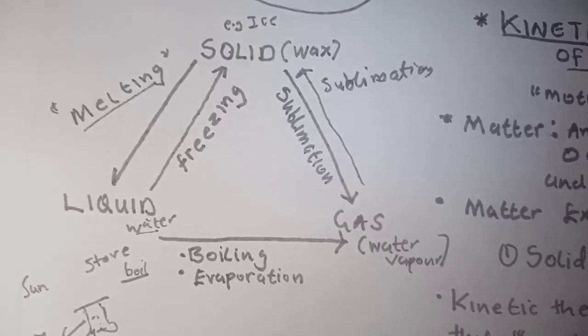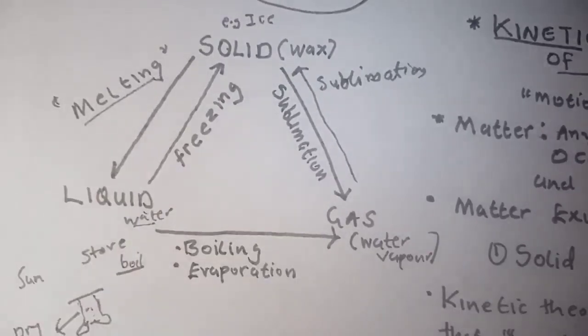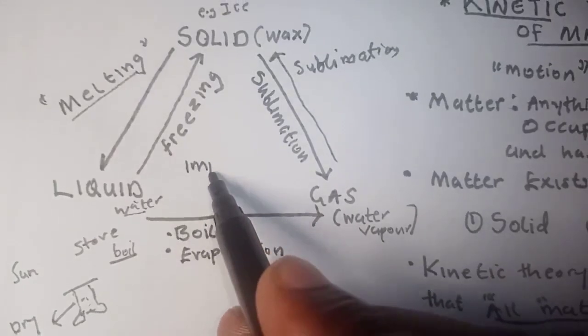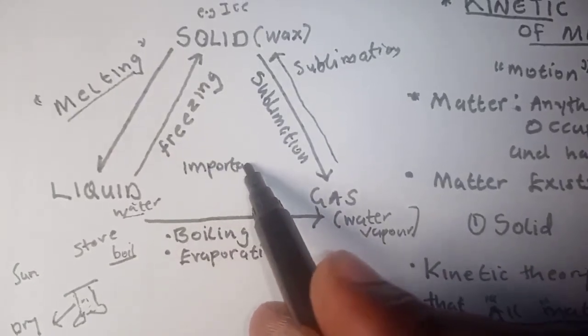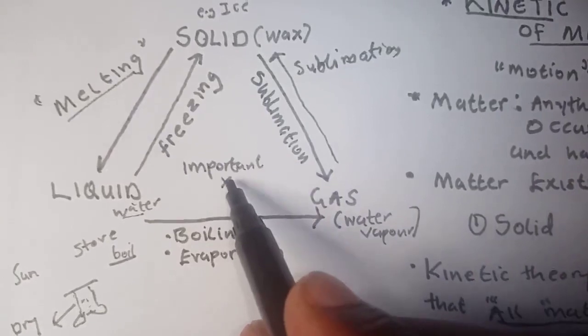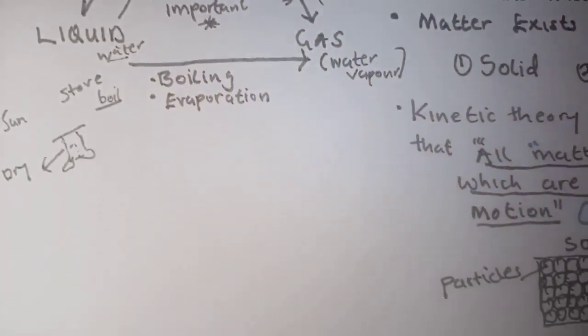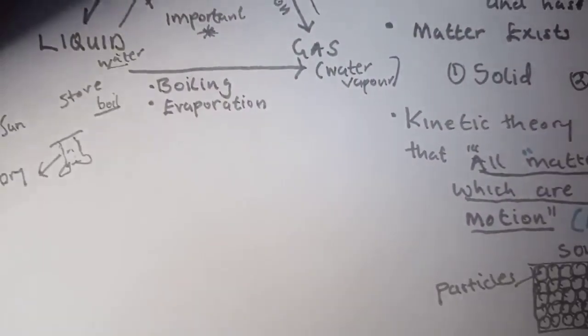Okay, so know this diagram. This is very, very important. I've put a star here. Then let's look at now a certain important curve also. Very, very important.